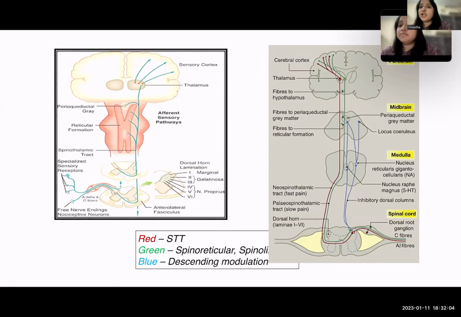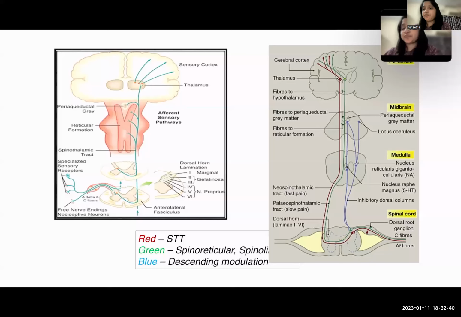We have other ascending tracts near the red one, marked in green, which include the spinoreticular and the spinolimbic pathways. Again, the pathway marked in blue is the descending pathway, from the midbrain and brainstem to the spinal cord.